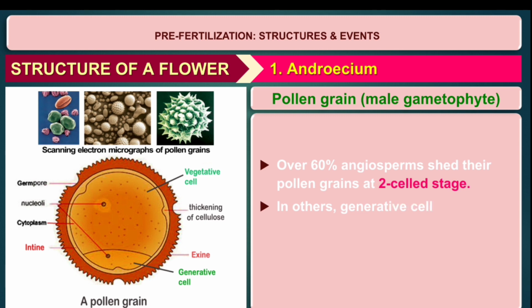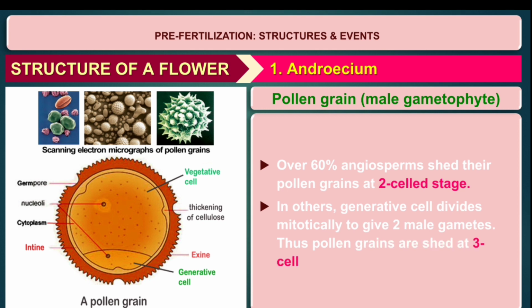Here you can see that over 60% of angiosperms shed their pollen grains at the 2-cell stage. Now what is this 2-cell stage? When the pollen grain consists of one larger vegetative cell and a smaller generative cell, we call it the 2-cell stage. Most pollen grains are shed at this 2-cell stage, but in the other 40% of pollen grains, what happens to the generative cell?